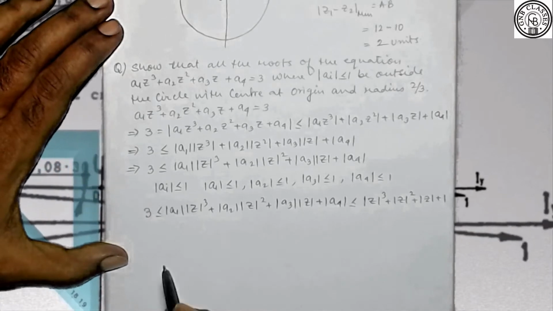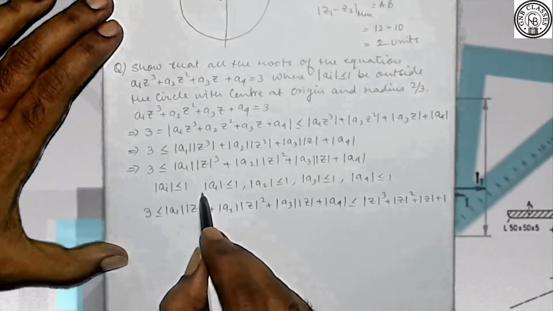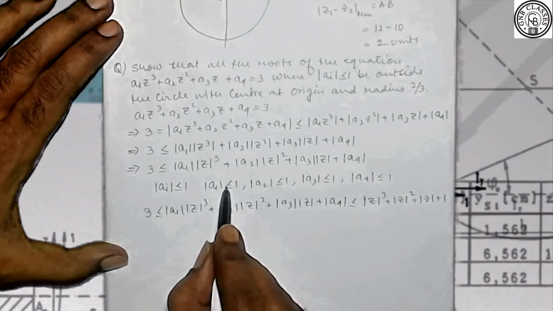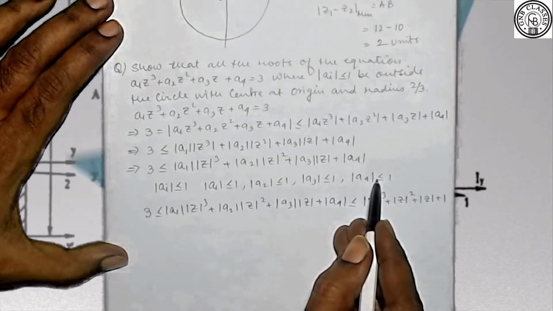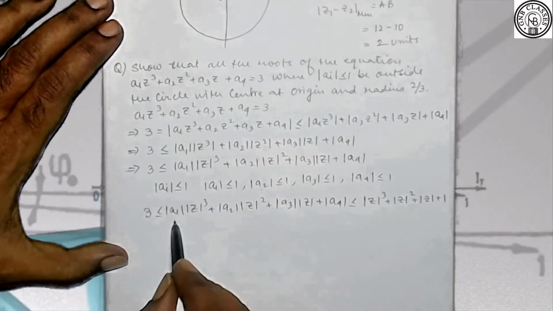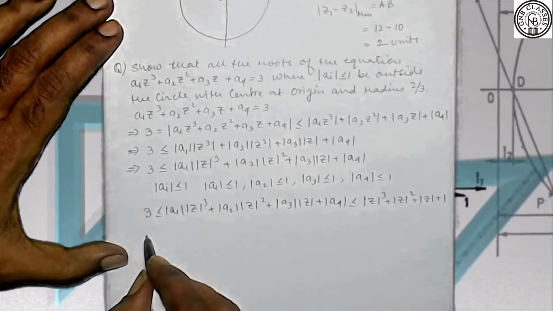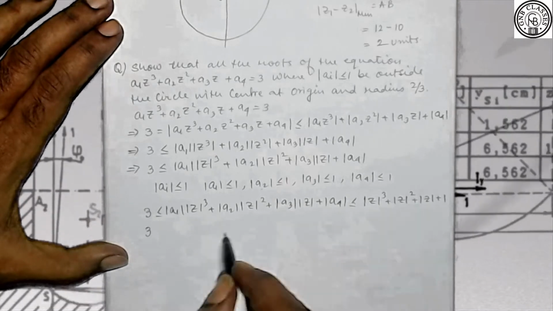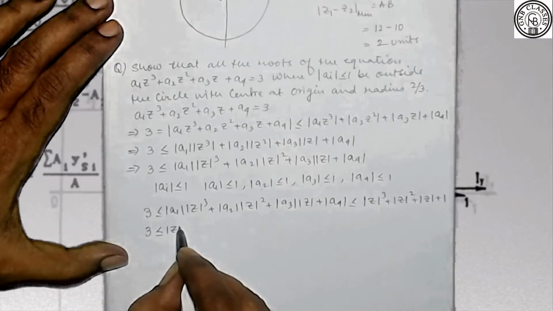Have you understood why? Because mod of a1 is less than or equal to 1, so mod of a1 into mod of z cube is less than or equal to mod z cube. Similarly, the other ones. Now, if you add the corresponding sides, we are going to get this relation. Is it clear?